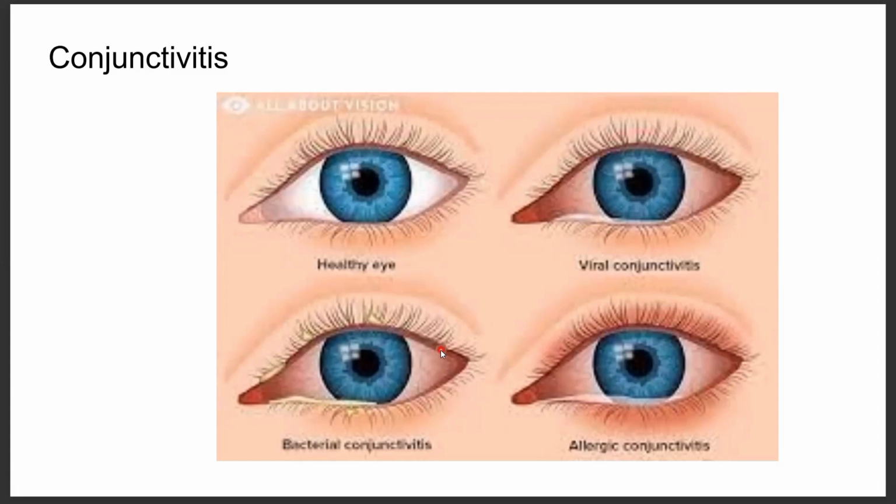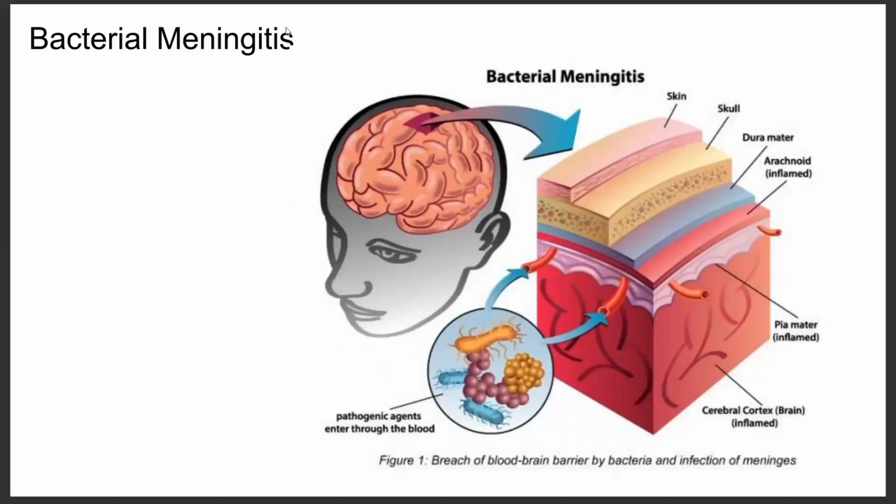Haemophilus influenzae is the bacterium that causes bacterial conjunctivitis. And adenovirus is the virus that causes viral conjunctivitis. Again, the portal of entry is the respiratory tract. Then bacterial meningitis.